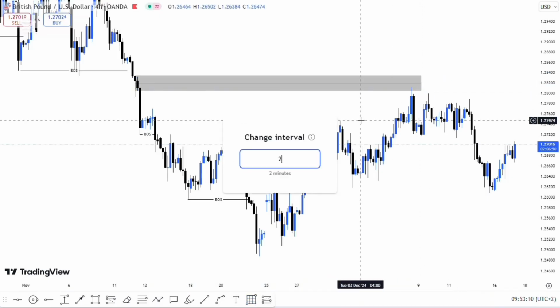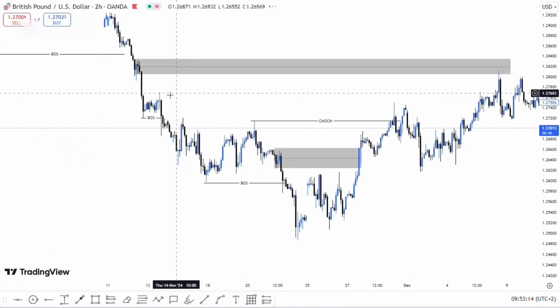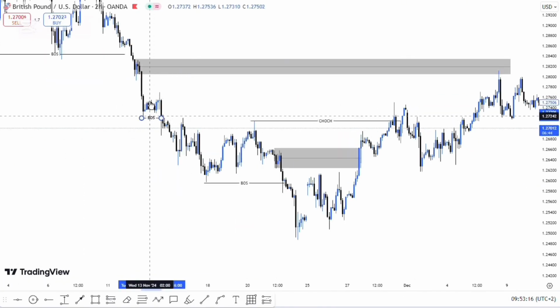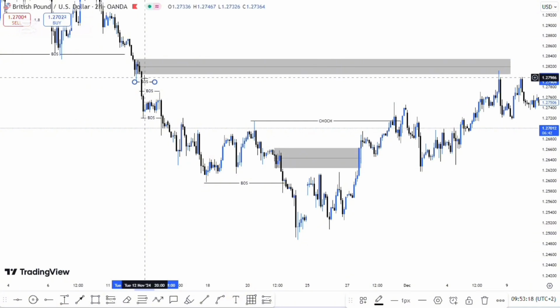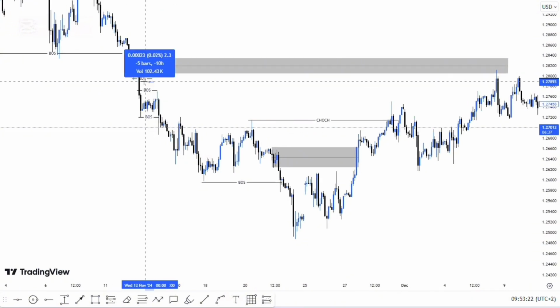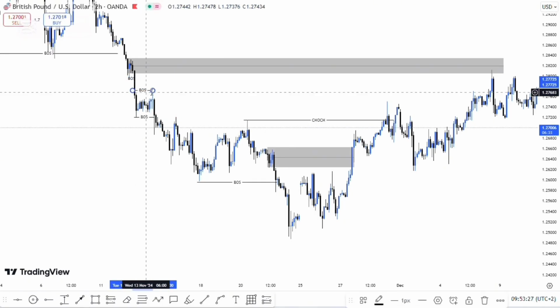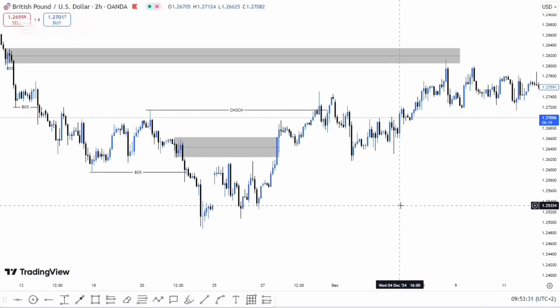As you can see, price reacted off, and moving down to the 2 hours time frame, we can see we have a tiny break of structure at this point. No matter how small a break of structure is, still a break of structure. So let me mark this on the block.